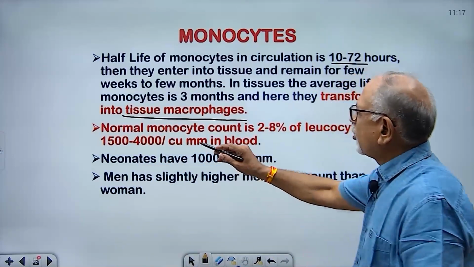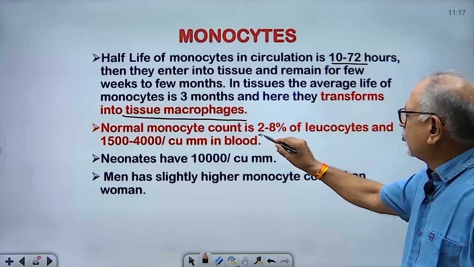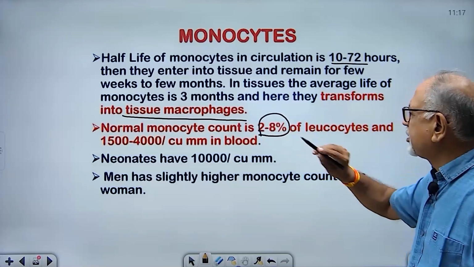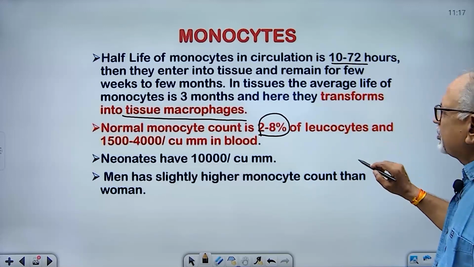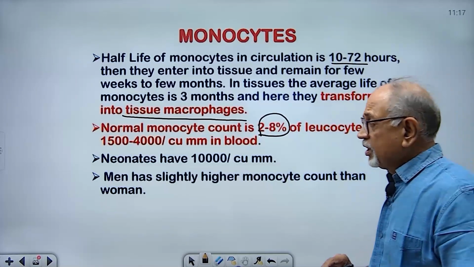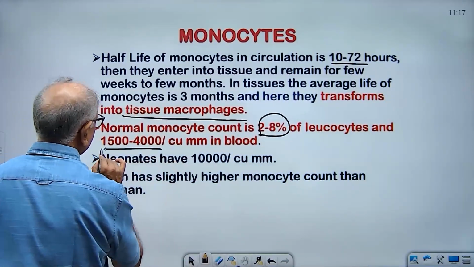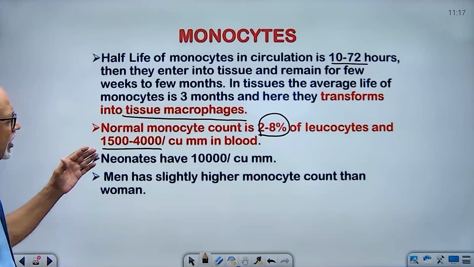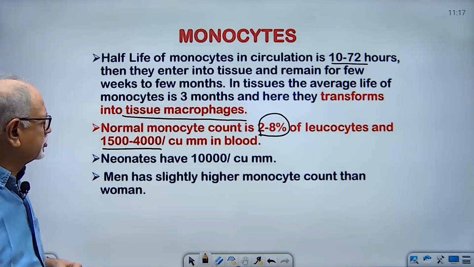Then the normal monocyte count in blood is only 2 to 8% of leukocytes, and their count is about 1500 to 4000 per cubic millimeter of blood.